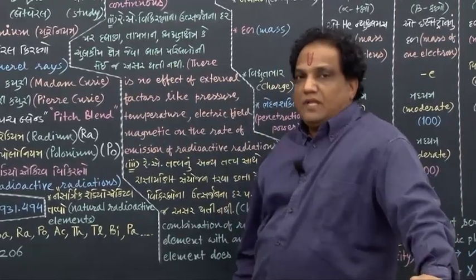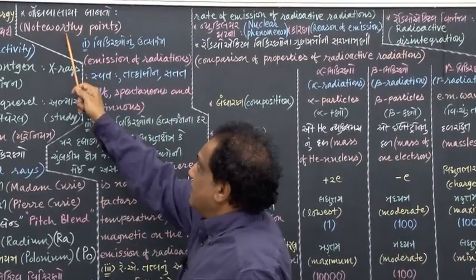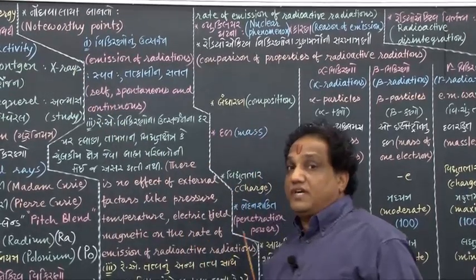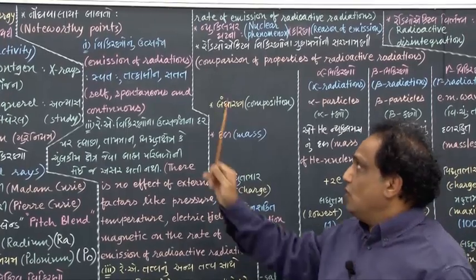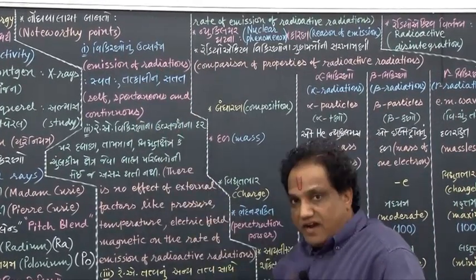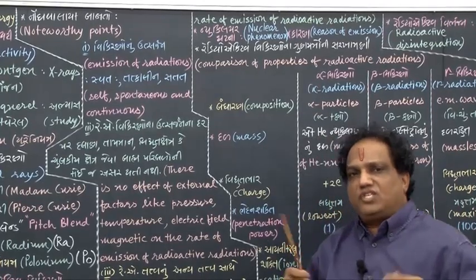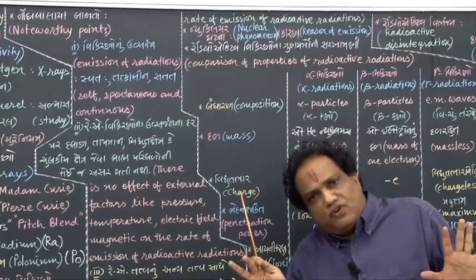Now tell me, what are the noteworthy points regarding the emission of these radiations? There are three points you must remember. First point: the emission of these radiations is self-inspired. No other external agency is responsible for that.